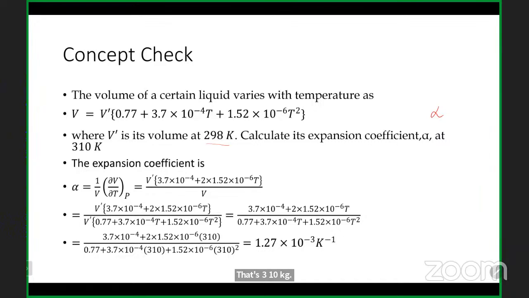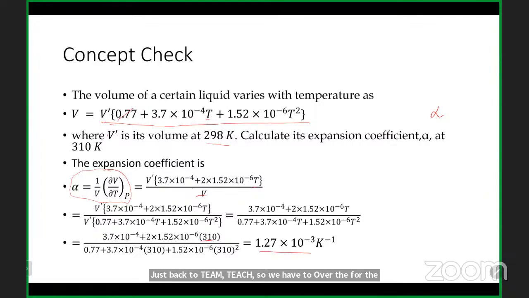Alpha is defined by that expression. So what's dV/dT? This is constant, it's not given, so it's not going to occur. This is with respect to T squared, so we have this over V for the whole expression. Plug in the value of temperature and calculate alpha.